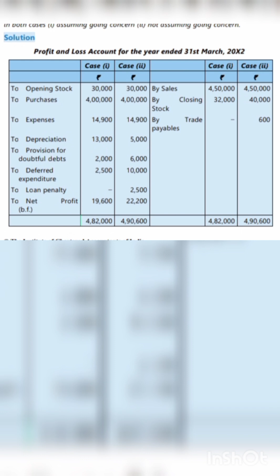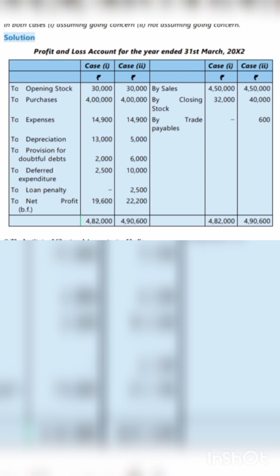First, we have written opening stock rupees 30,000. For going concern, it is also rupees 30,000. For the non-going concern case, it is also rupees 30,000. From where has it been taken? It has been taken from the balance sheet.